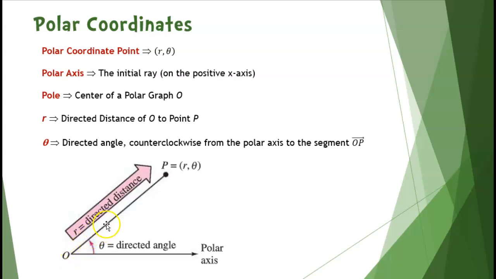Then you have this directed distance that runs down this ray, and that's our r value. And the directed angle is the distance from the polar axis all the way up to where that directed distance, or that ray, is. So it's a little different in that regard. Again, distance and direction.